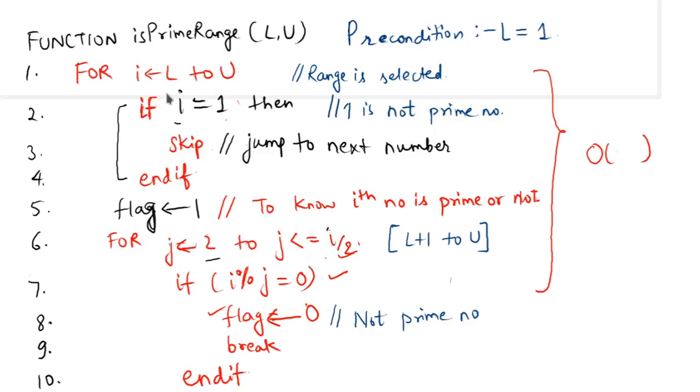What further optimization can be made in this algorithm so that it becomes a slightly better version of this approach? Instead of starting from L equal to 1, let's start from I set to L plus 1, because 1 is not a prime number, and so these 3 instructions will be skipped or are not required.